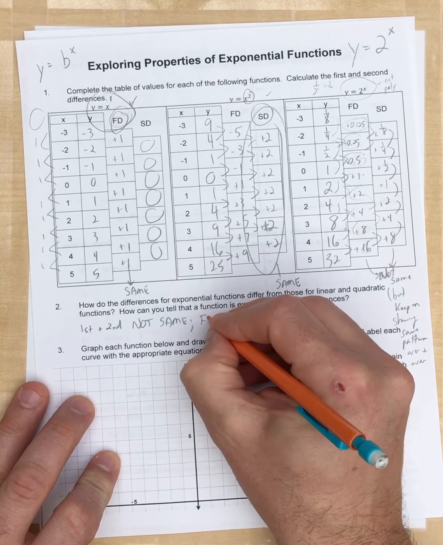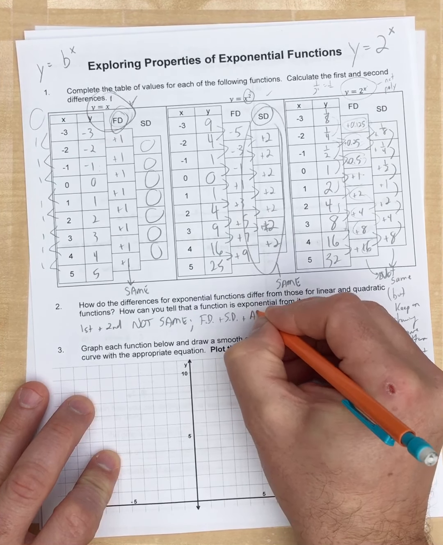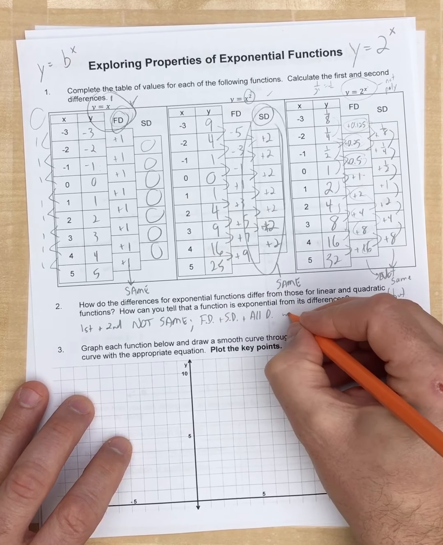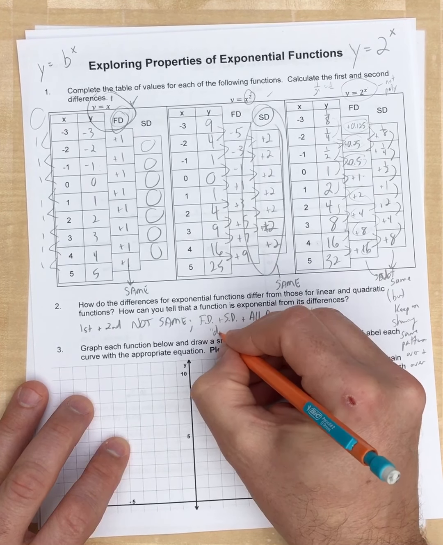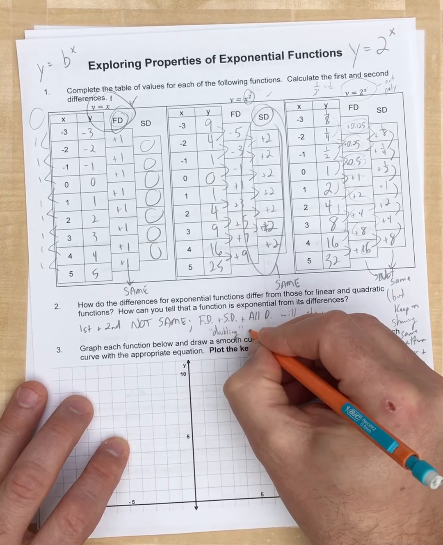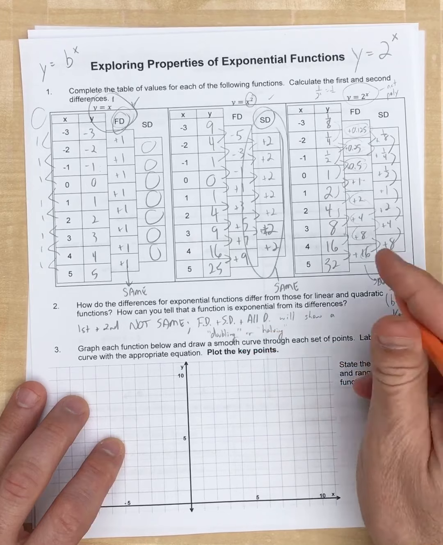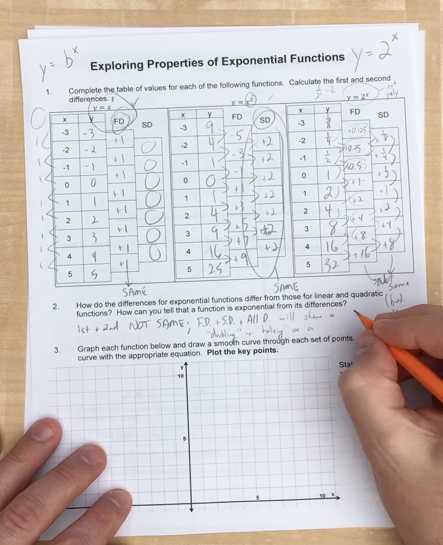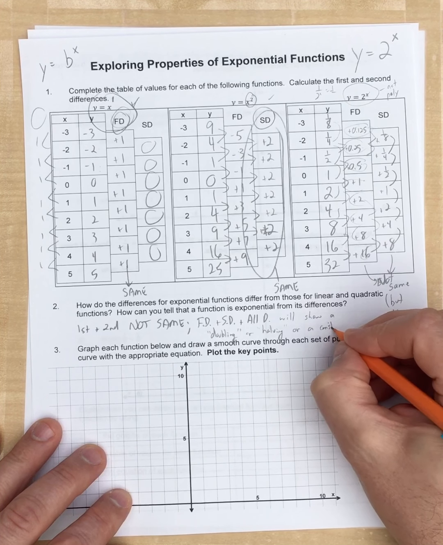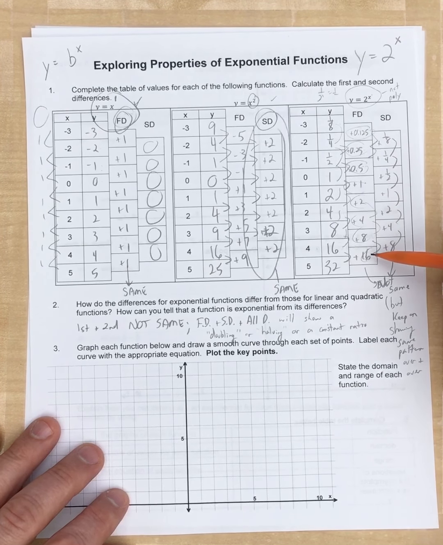But really the first differences and the second differences and all differences will show a doubling or halving, or what we call a constant ratio. You look at the ratio of the first difference here and there, 16 over 8 is 2.